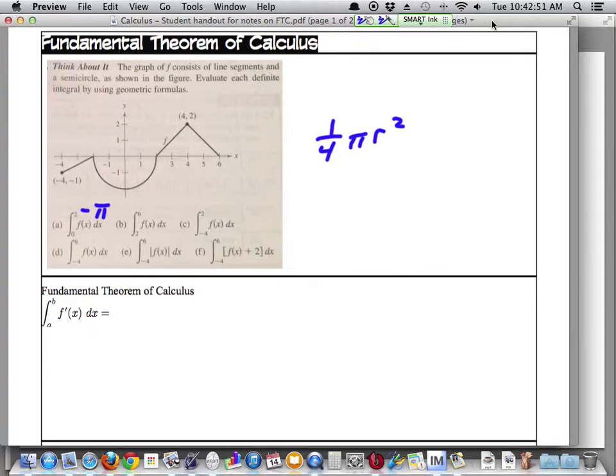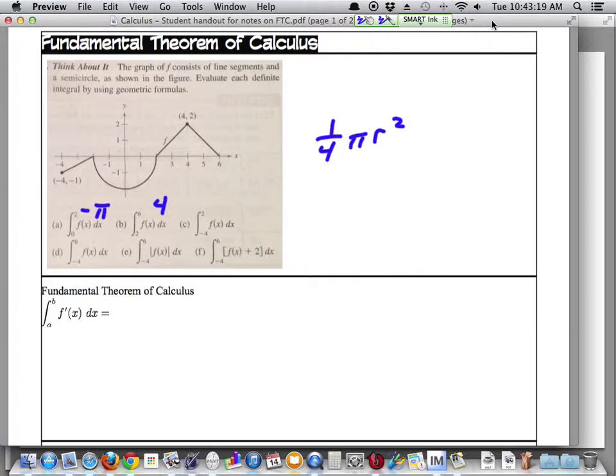It doesn't go from 0 to 6, it goes from 2 to 6. How far is it from 2 to 6? 4. And how high is it? 2. So 4 times 2 gives me 8, and 8 divided by 2 gives me 4.